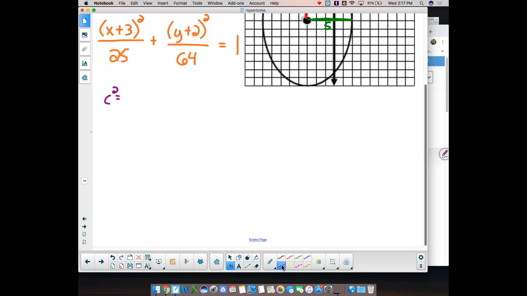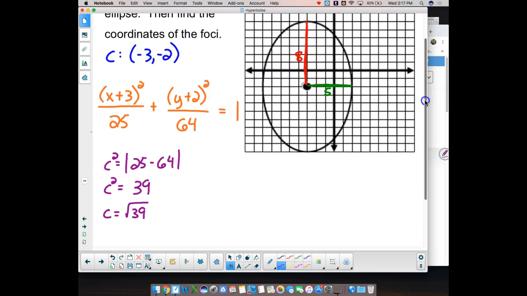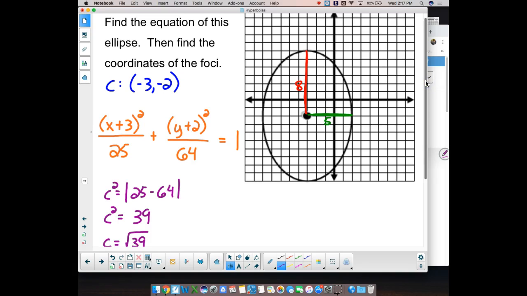Now I've just got to use that equation to figure out where my foci are. C squared is going to equal the absolute value of a squared minus b squared. A squared minus b squared is going to be negative 39. The absolute value of negative 39 is positive 39. So my c value is the square root of 39. Not simplifiable. Now, which way is my major axis? Vertical or horizontal?